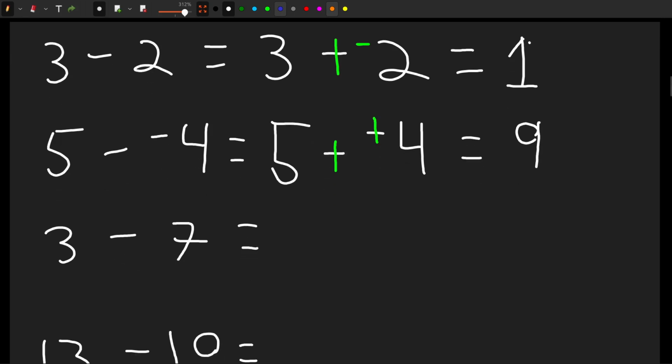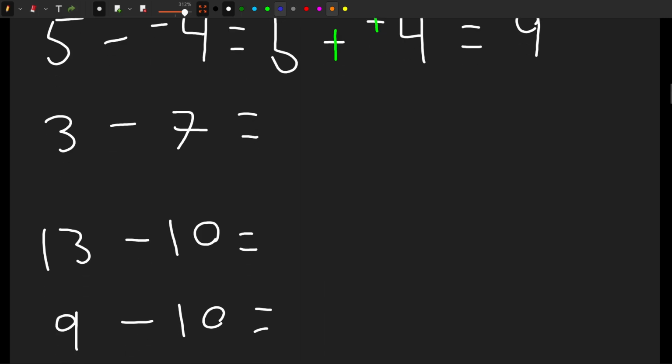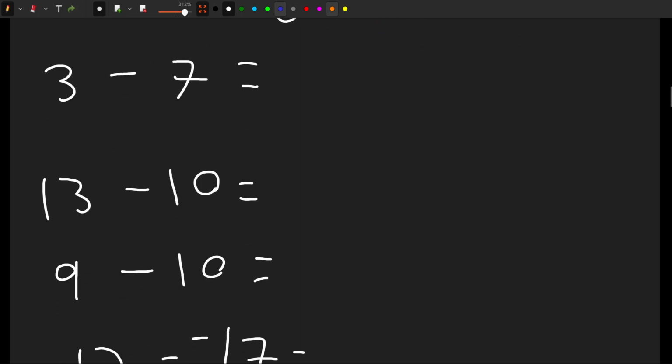Okay. Doing the same thing for 3 minus 7 now. We're going to do the same trick. I'll do it in green like I've been doing. Change the subtraction to addition, and then change the sign of the second number. So now it's 3 plus negative 7, and this will come out to be negative 4.